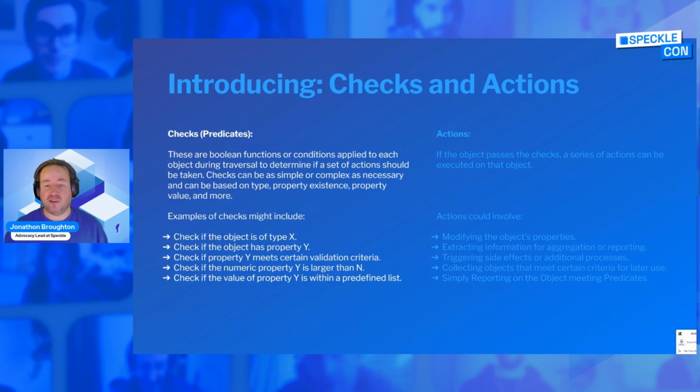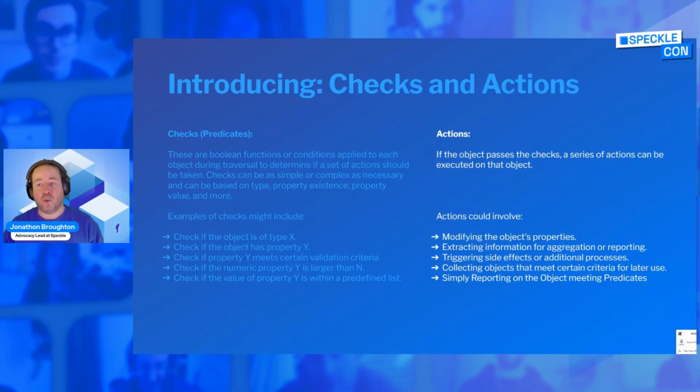Am I checking if the object's of a particular type? Am I checking that the object has a property Y? Am I checking that property Y meets certain validation criteria? Is the sill height of that window greater than a meter above the floor? Those sorts of things.